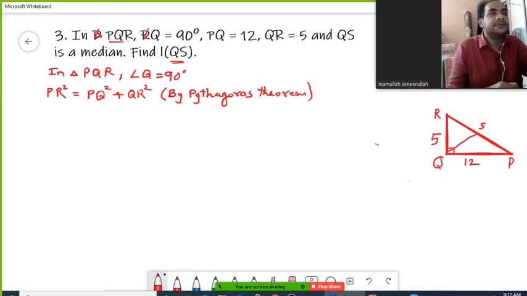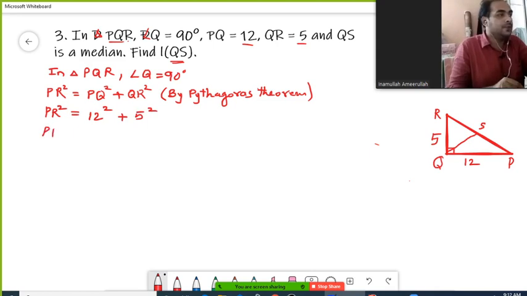So this is by the Pythagoras theorem. Now PR square, PR we need to calculate. So I'll write PR square. PQ is already given, the length of PQ is 12. So here you can take 12 square plus the length of QR is 5, so 5 square.